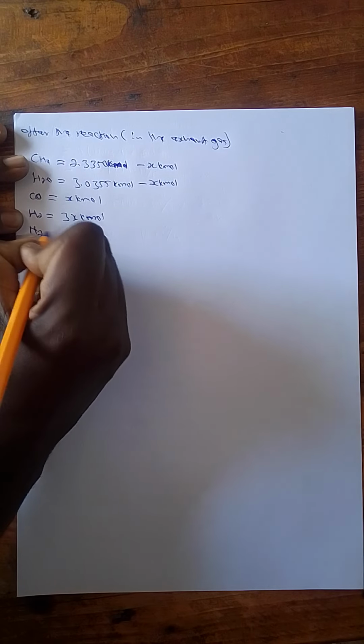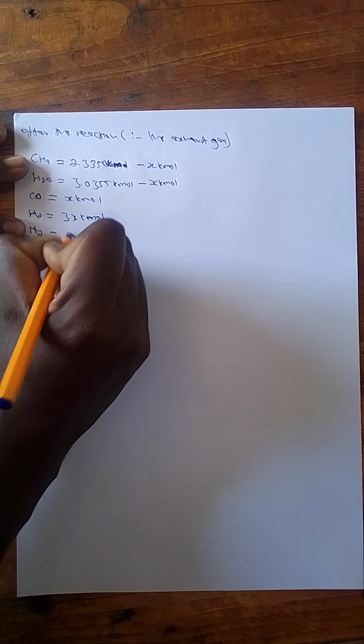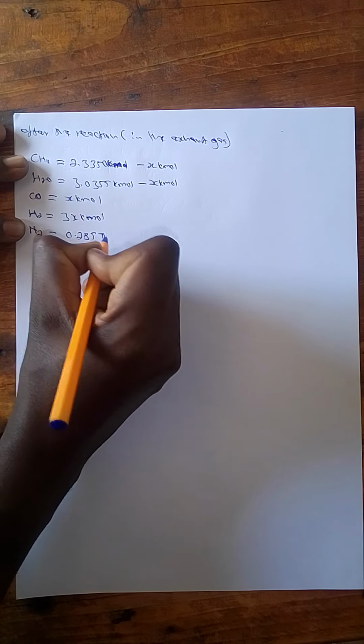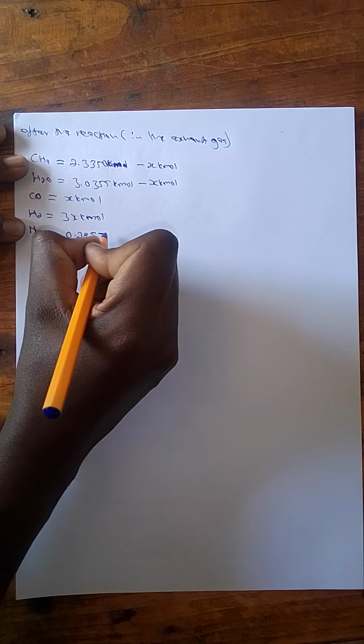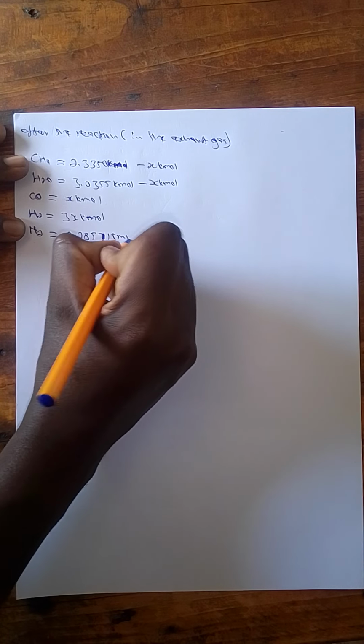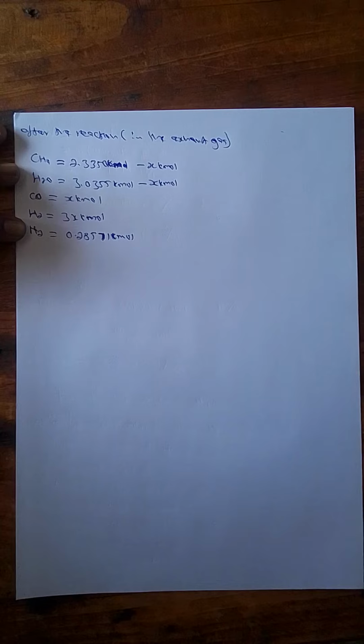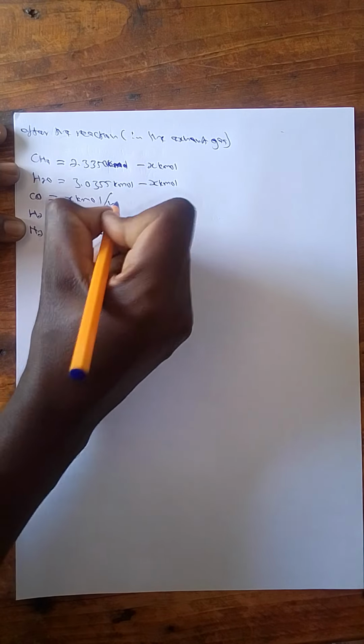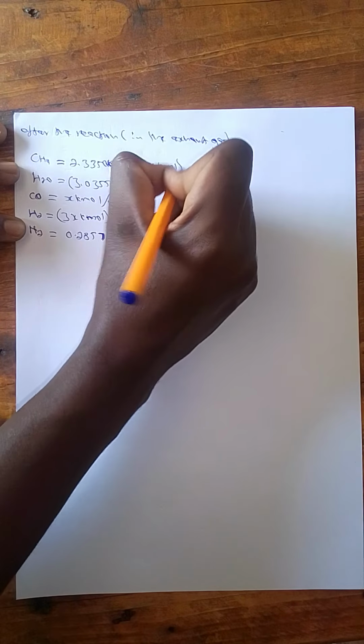But let's also remember that from our question A, there was actually nitrogen in the feed stream. So we also know that the N2 that we calculated in question A as 0.2857 kilomole. And I need to put all of this per hour, right?